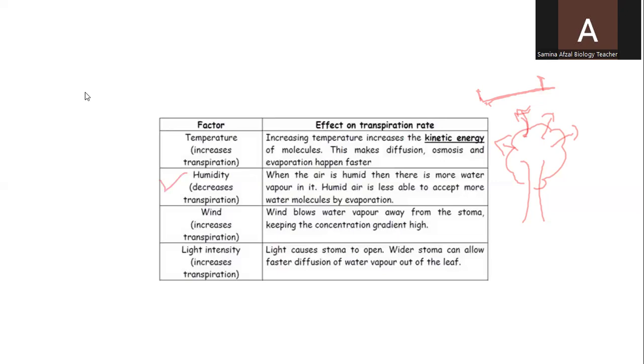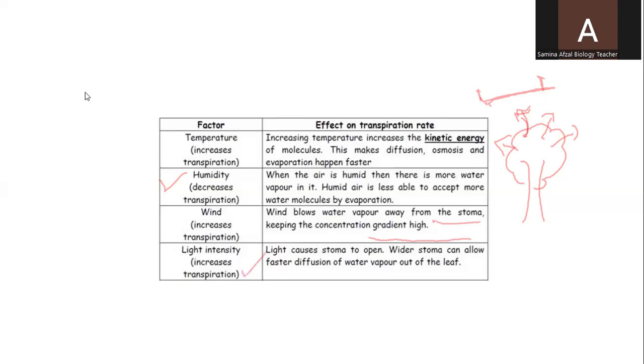If there is high wind, then what is wind? Moving air. When there is wind, the transpiration rate will be high, as the wind will take away the water molecules around the leaf. So there will be low water potential outside, and more water will be evaporated.